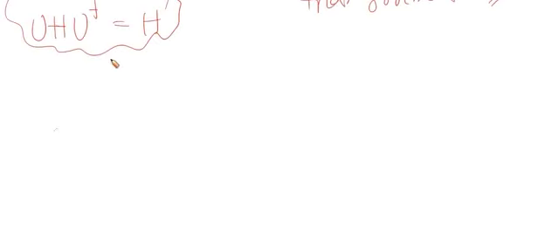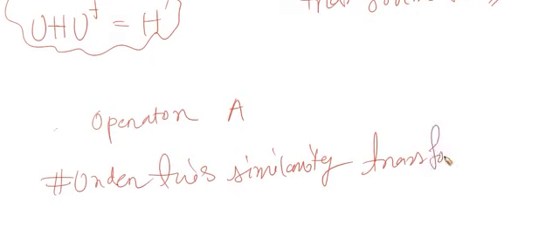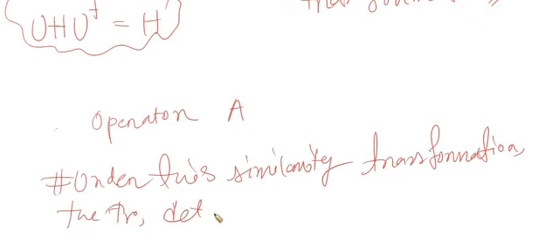So you can easily verify that, let's say you have an operator, let's take A again. Under this similarity transformation, the trace, let's call it TR, the determinant, the eigenvalues, all are invariant.